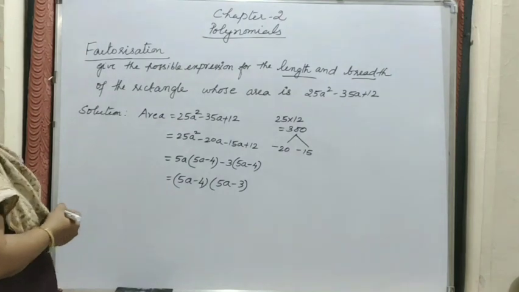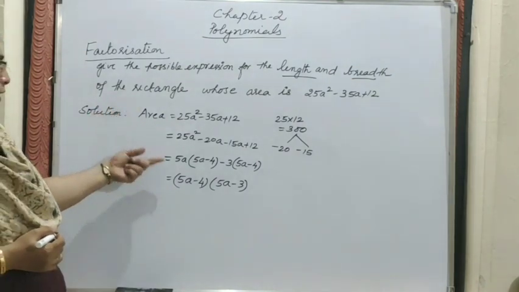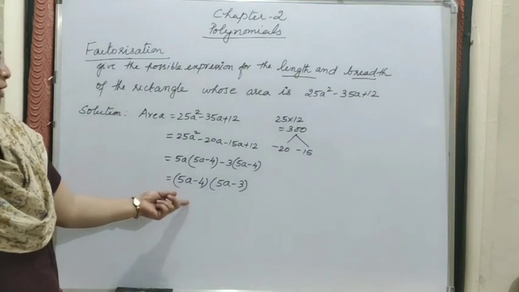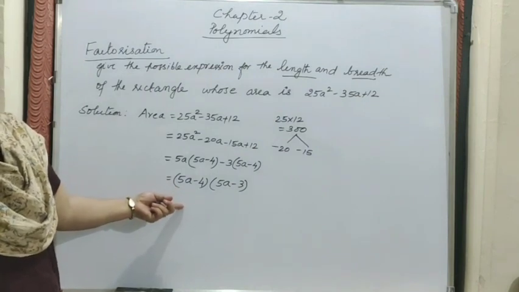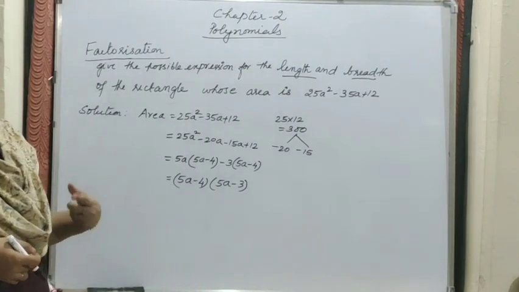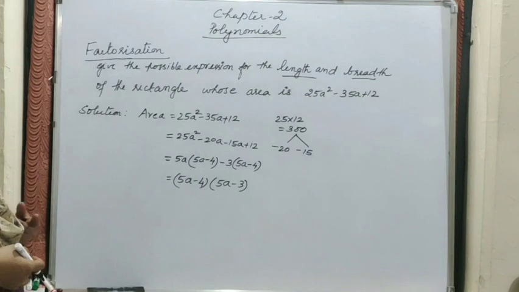Now we got the area of this rectangle in the form of two factors. Which are they? 5a minus 4 and 5a minus 3. Now we should select one of them as the length and one as the breadth, because they are two factors.